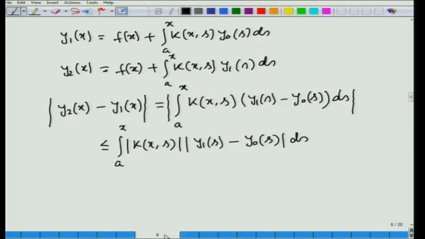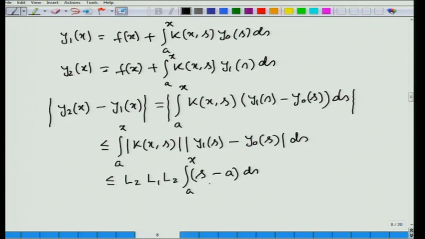So, first of all we can apply that this is less than or equal to L 2, and this part is less than or equal to L 1 multiplied by L 2 integral a to x s minus a ds.